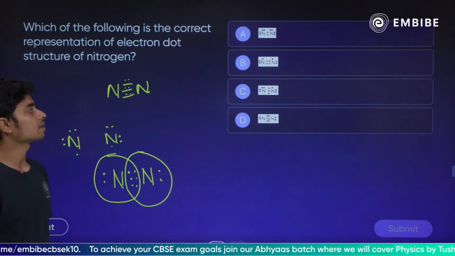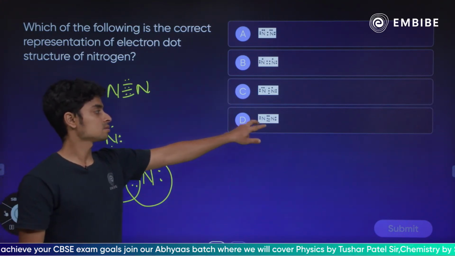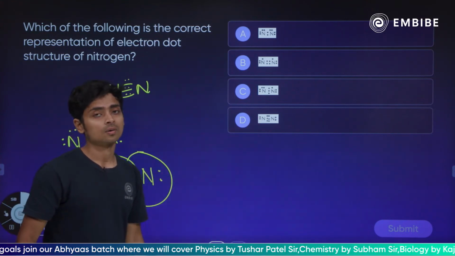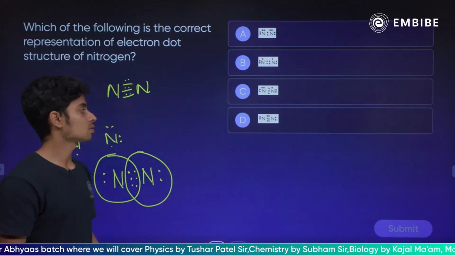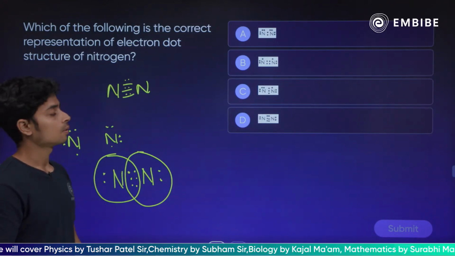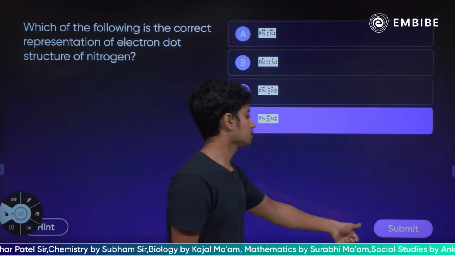Circles represent the atom. Among the options, option D has 6 electrons between the 2 nitrogens and 2 electrons not in bonding. These non-bonded electrons are called lone pairs, as you will learn in higher grades. So this will be my option D.